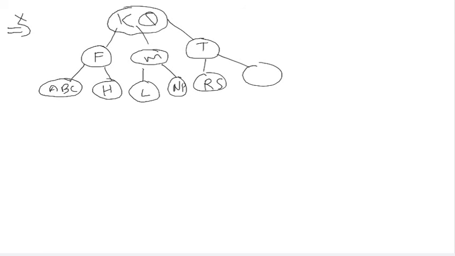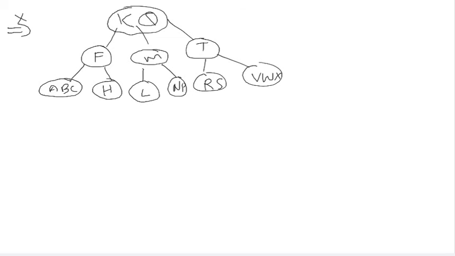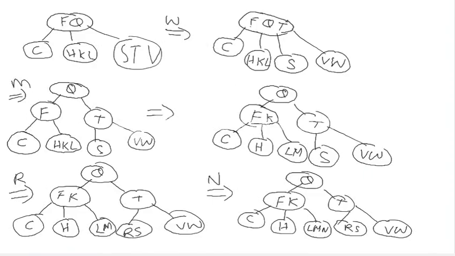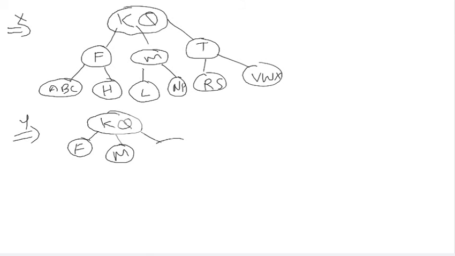So we have K, Q and F is here, F, M, then this will get T and W. Okay, F has A, B, C, then it has H also, then L is here, N, P, and we have R, S, then in between these two we have V, and to the right of this we have X, Y when Y comes. Okay, next input is D.